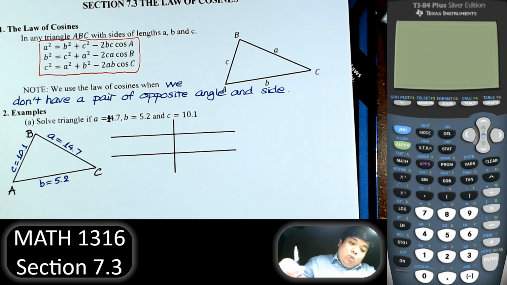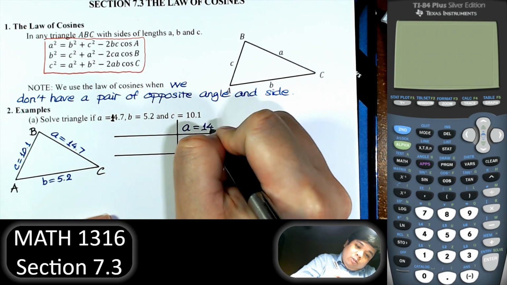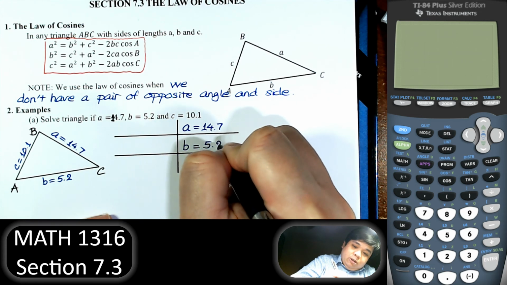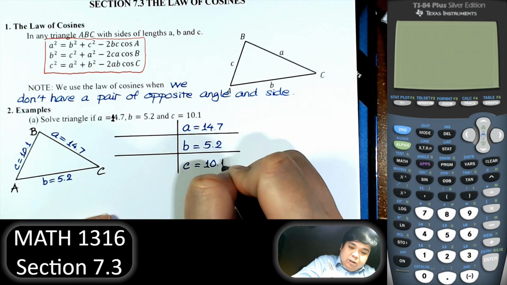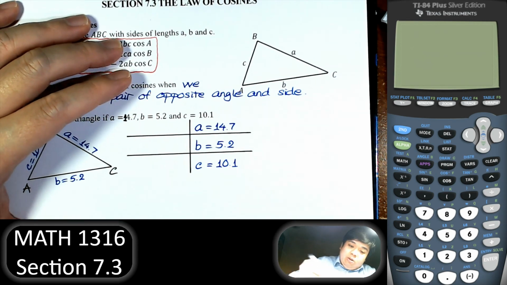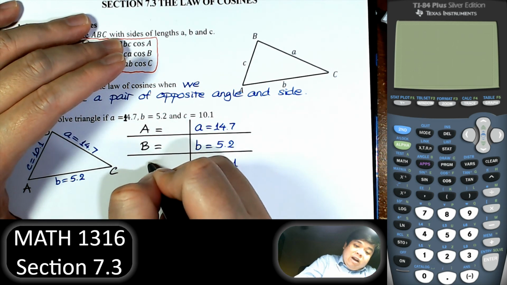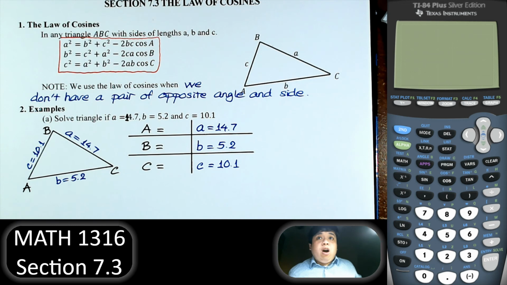In this case we know all the sides: a 14.7, b 5.2, and c 10.1. We don't know angle A, angle B, or angle C, because we don't have a pair of opposite angle and side. We have to use the law of cosines.